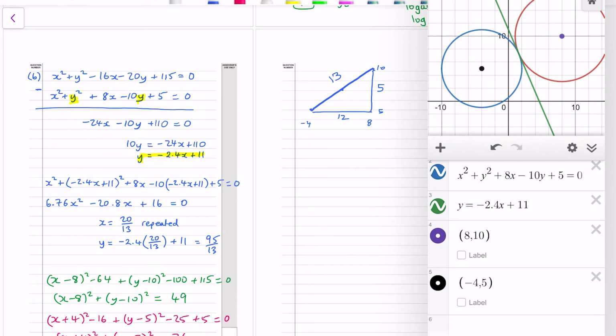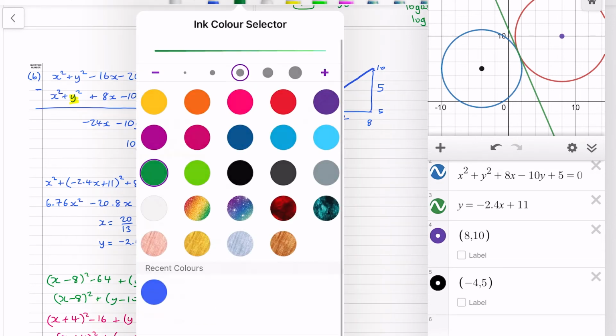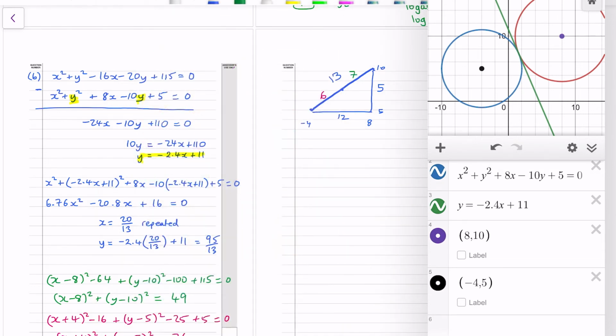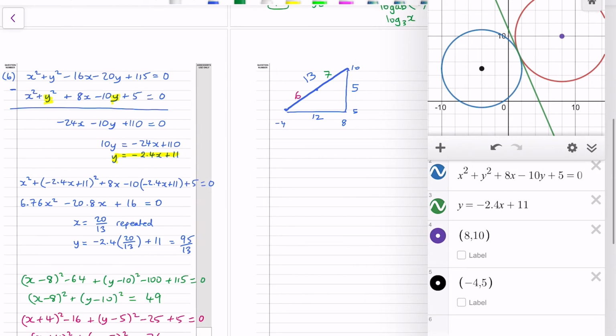The radii of the first one was 7 and the second one was 6. Okay, and 7 plus 6 is 13. So because the sum of the radii equals the distance between the two centers, the circles must just be touching.